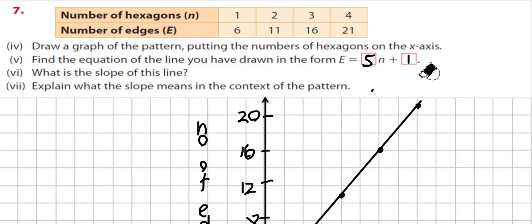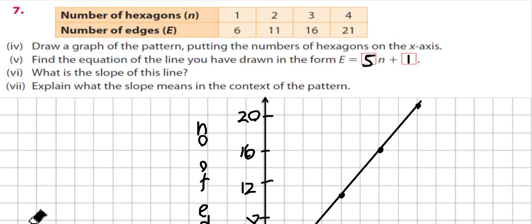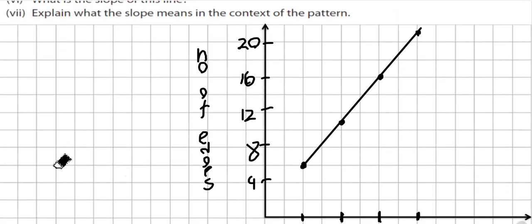Slope means how much it goes up by each time. It goes up 5 edges for every new hexagon. How is it 1? Like 5 and then after you said plus 1. Did we not work that out here, using part 3? Okay, it's the same. And if you drew the slope further down, which I also showed earlier, it hits at 1.